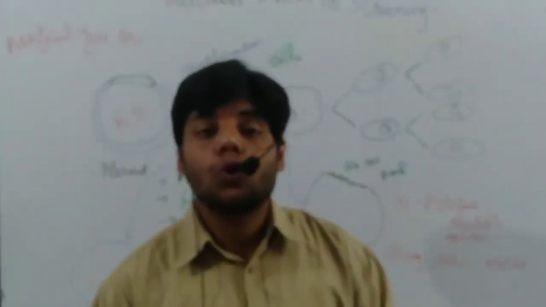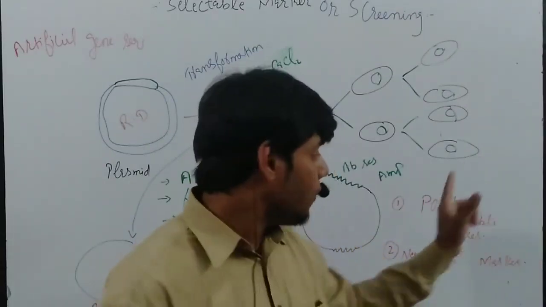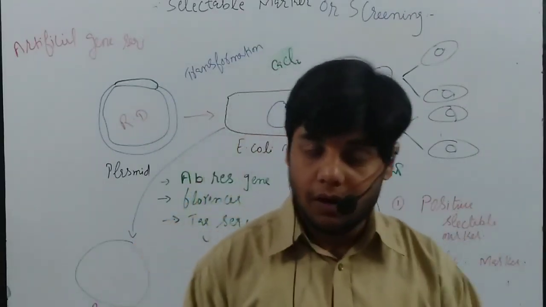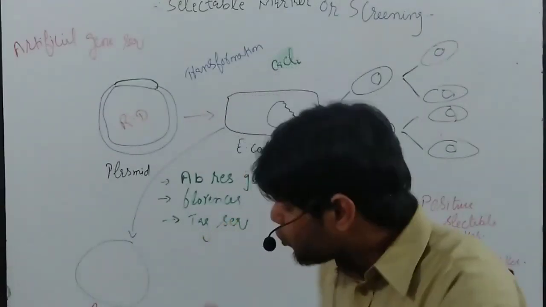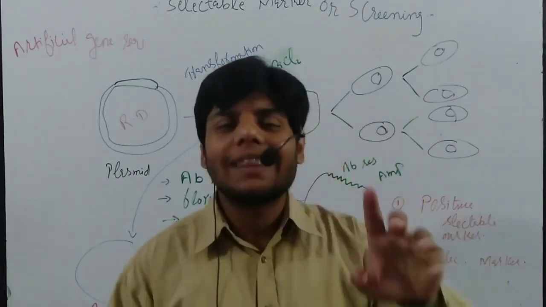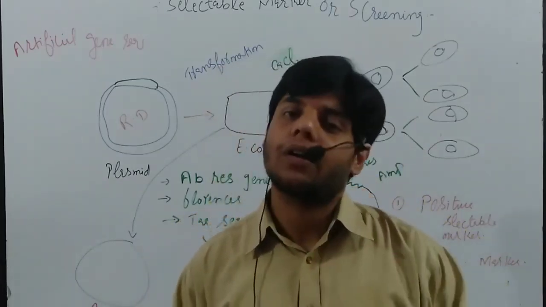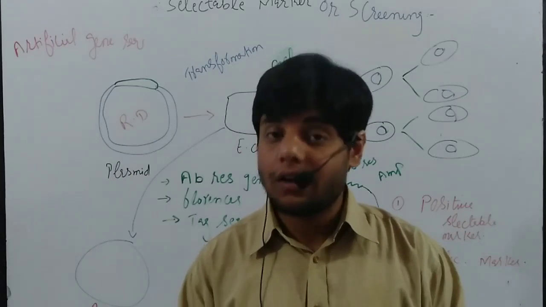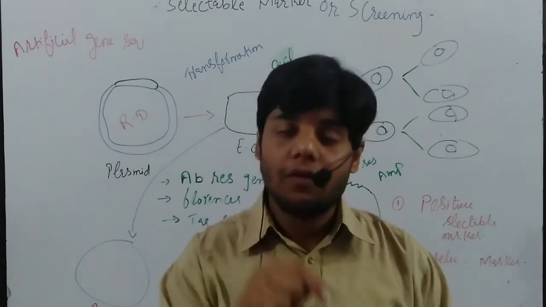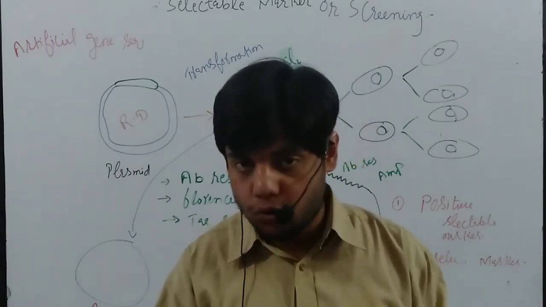When we grow our bacteria here using a negative selectable marker, the bacteria will not grow. So those bacteria which do grow, we think these are not the bacteria which have our gene of interest.